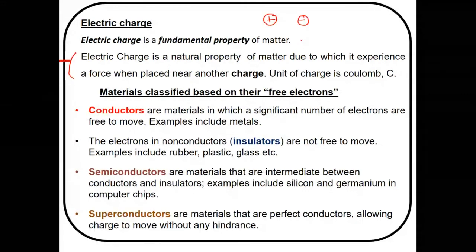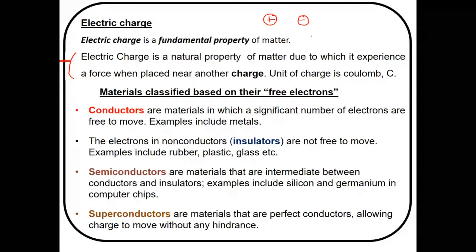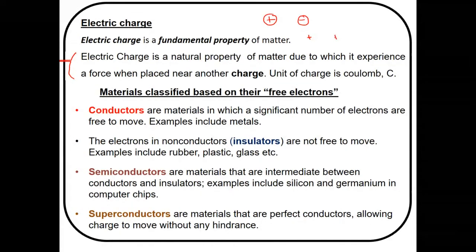It will attract each other. Suppose you take positive and positive, or negative and negative, what will happen? In both cases, it will repel. Because like charges repel, unlike charges attract.